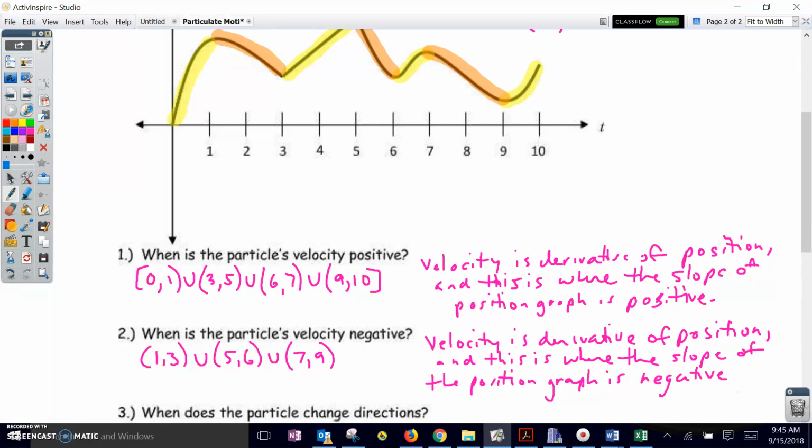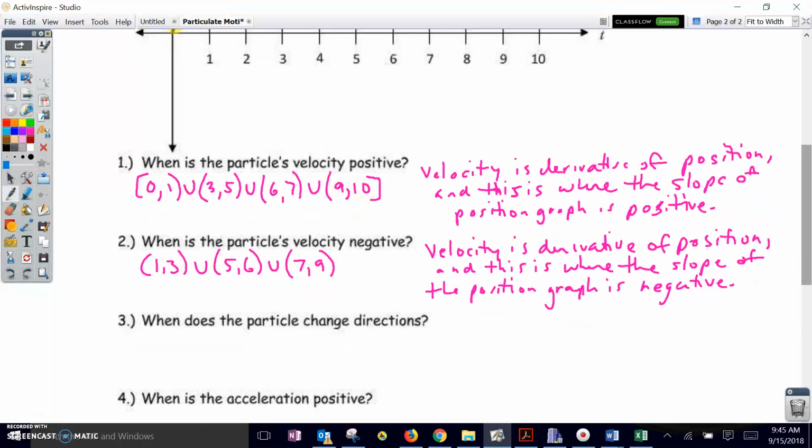Question number 3. When does a particle change directions? Everywhere where the velocity changes sign from positive to negative, negative to positive. So we've got a fairly long list here. Got it at time 1, 3, 5, 6, 7, and 9.